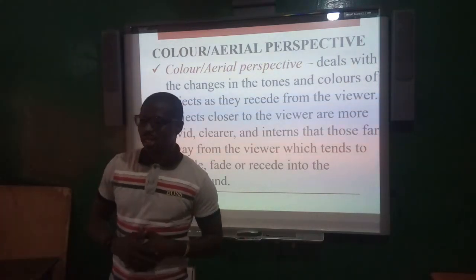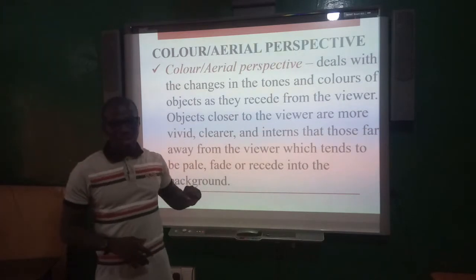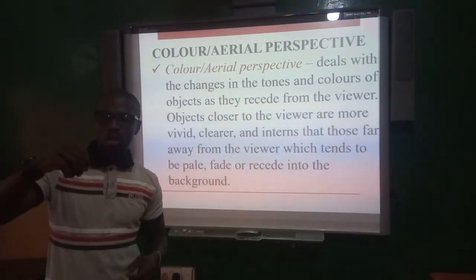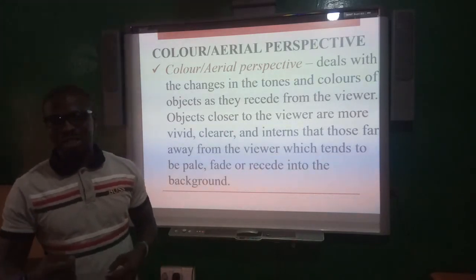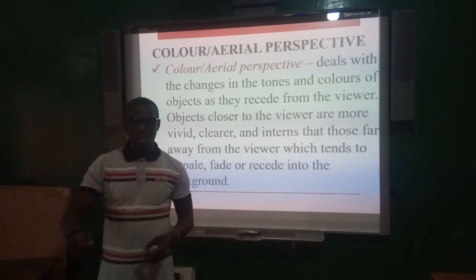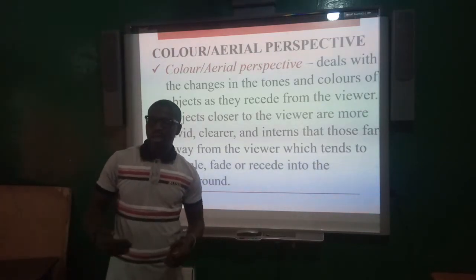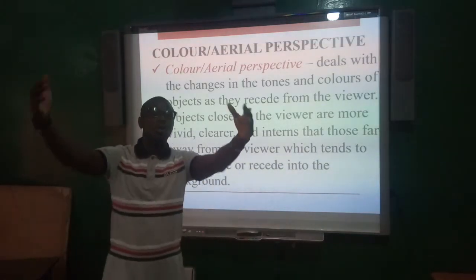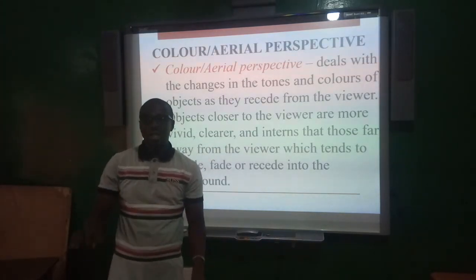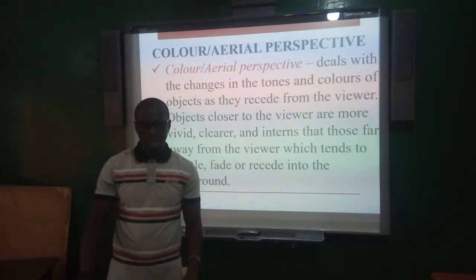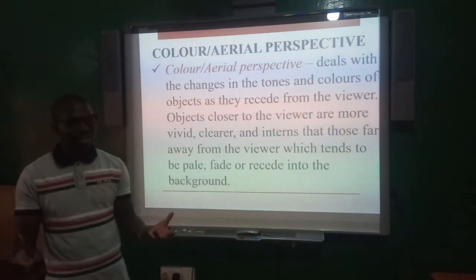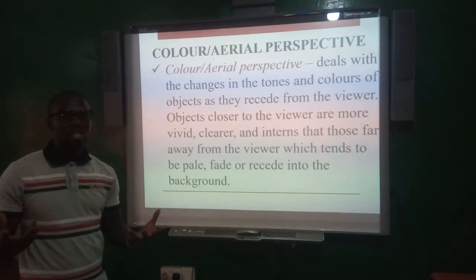So for instance, here we don't use lines unlike linear perspective, but with color perspective, when you want to create it using colors, you use shades and tones. You can also use pencil to do it. What you do is, the objects that are far away have dull colors, or their tones are very light, and those that are closer to the viewer have brighter colors, or their tones are very dark.